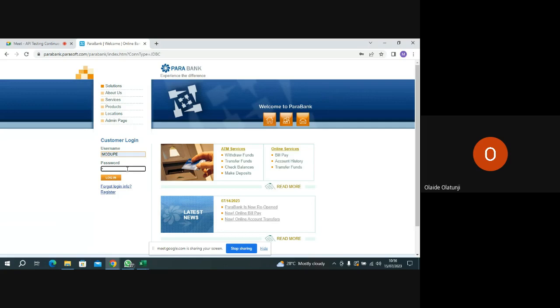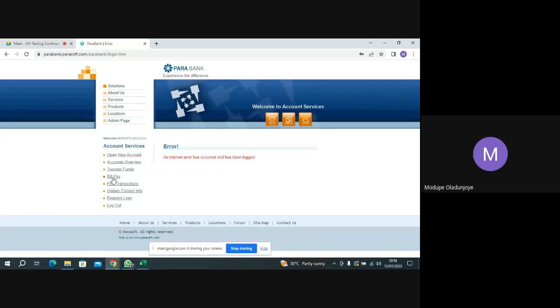Sorry, my network went off. What happened when you did the other one? Logged in. At some point, if there is no activity on the application, this is what pops up: error.